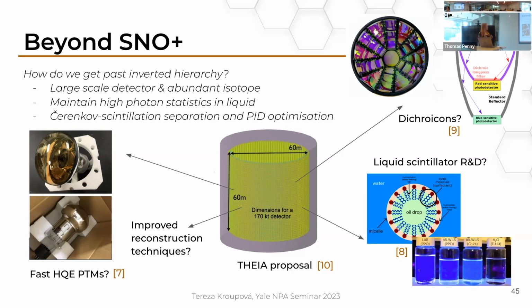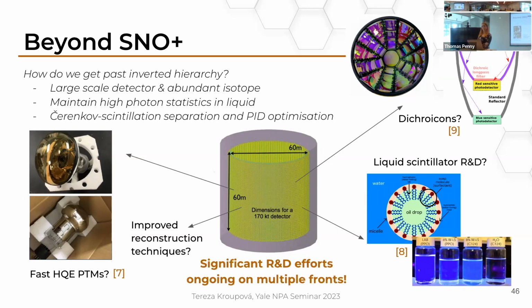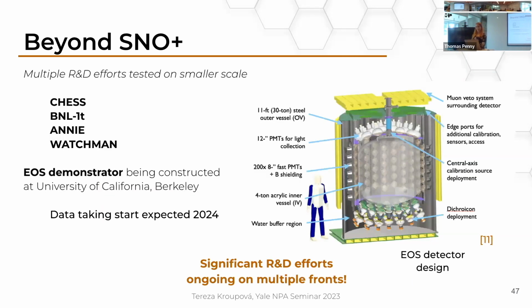And of course, other high quantum efficiency PMTs or fast PMTs are also an option for a high loading detector like that can go further. So yes, significant R&D efforts ongoing on multiple fronts.